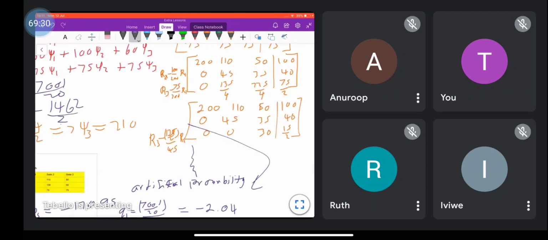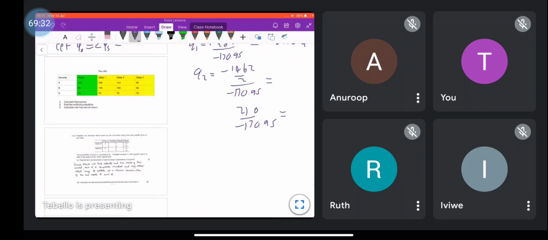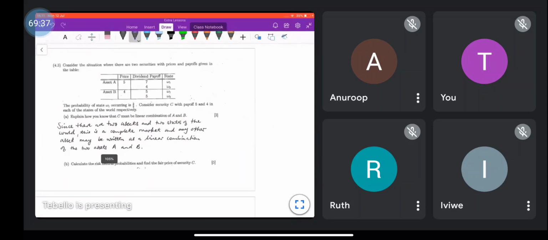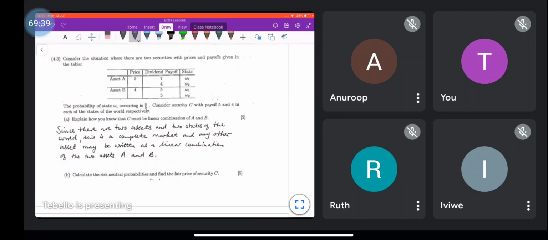I'm going to do one more example, but this one comes from an exam paper. It says consider the situation where there are 2 securities with prices and payouts given in the table. These are your prices, these are your payouts, and the payouts will depend on the state.